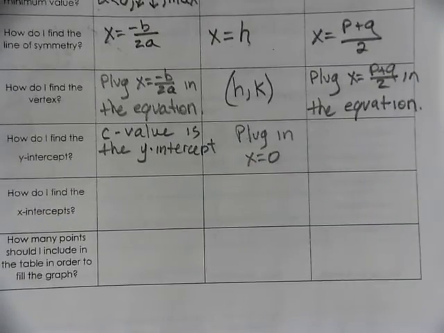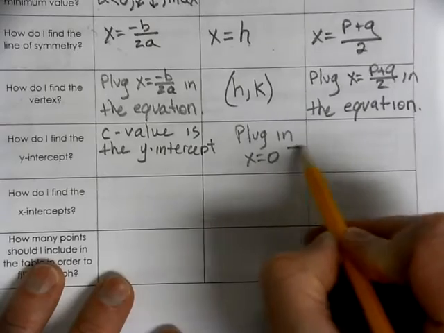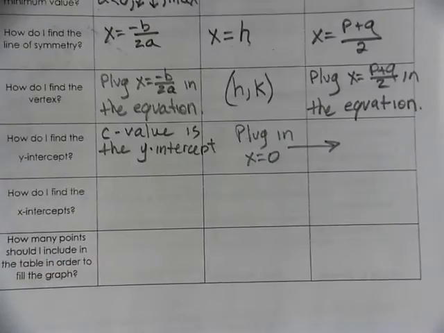For vertex form and intercept form, you need to plug 0 in for x. The y-intercept is the value where x is 0. So you want to find out what happens in the equation when x is 0. And that will give you your y-intercept.